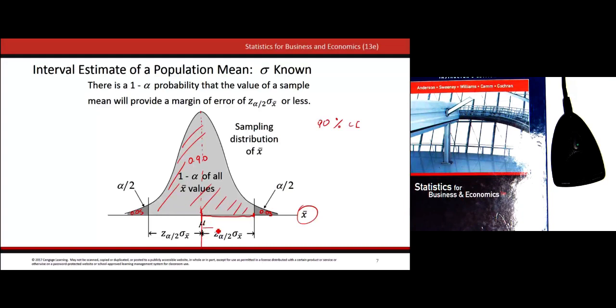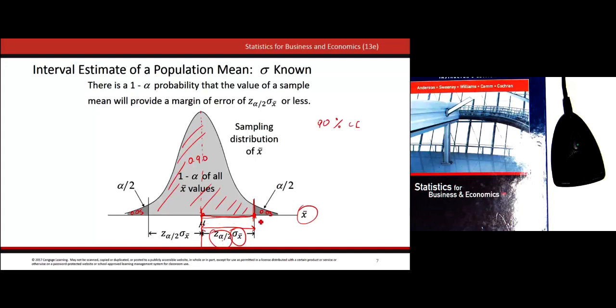Now, what is this distance from the mean to this point? It is Z alpha over 2 times sigma x bar. What is Z alpha over 2? Z scores tell us the number of standard deviations that this point is away from the mean.